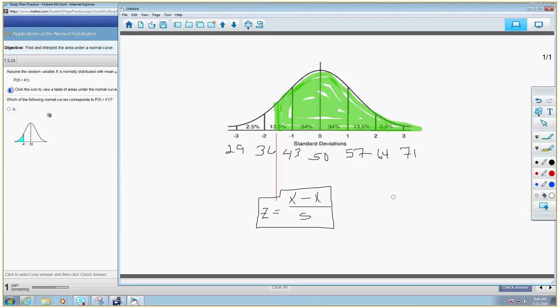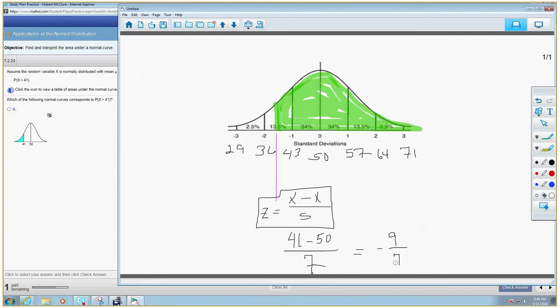So that means 41 minus 50 over 7. Now 41 minus 50 is what? Negative 9, thank you. So that's negative 9 sevenths.